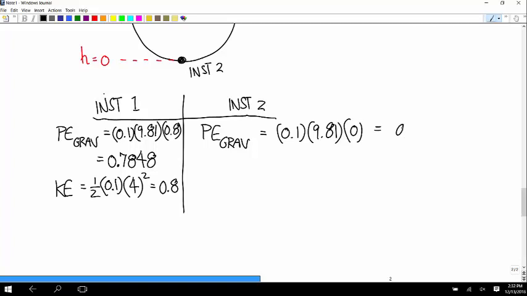So 0 potential energy. And the kinetic energy is 1/2 times the mass times the speed squared. What do we know about the speed? We don't know anything, so I'm just going to leave it as v squared. And so I'll write that as 0.05 v squared.